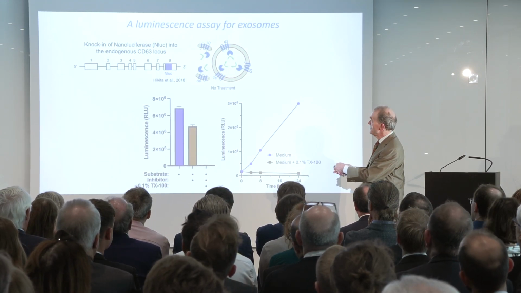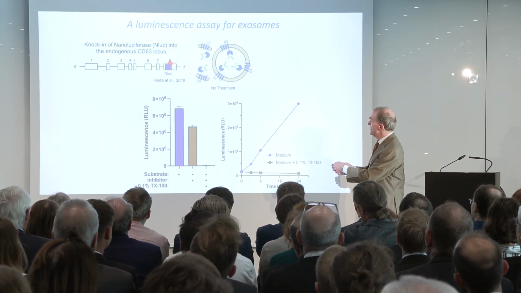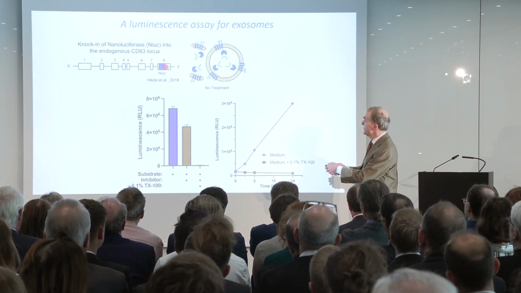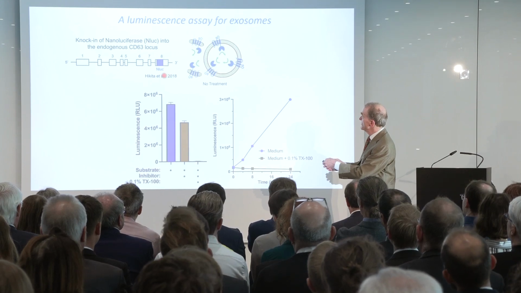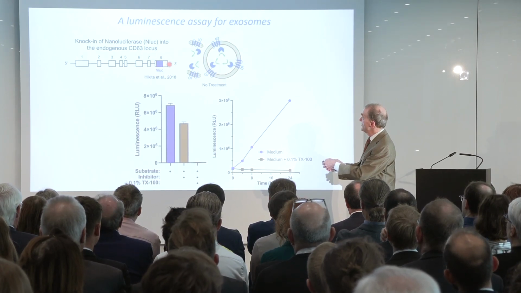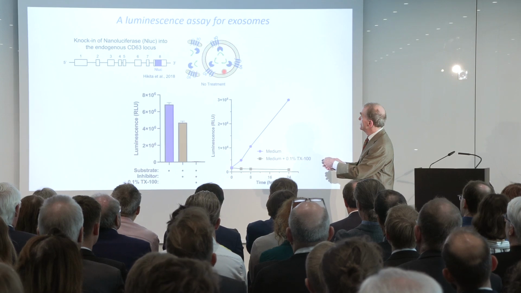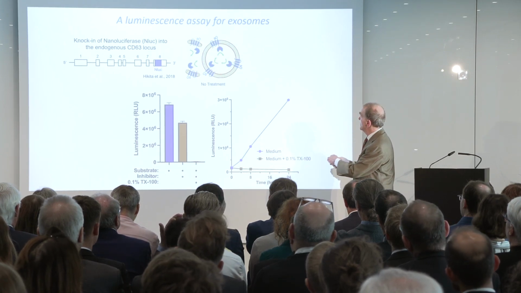In this case, the luciferase has been introduced at the C-terminus, the 3' end of the coding region of the gene for CD63. And the prediction, according to the topology of CD63, is that the luciferase enzyme would be contained within the interior of a vesicle that has budded from the cell surface or that has been produced by the exosome pathway.